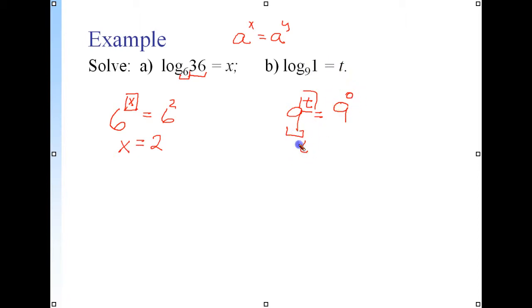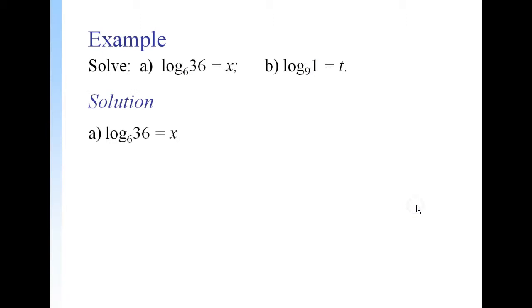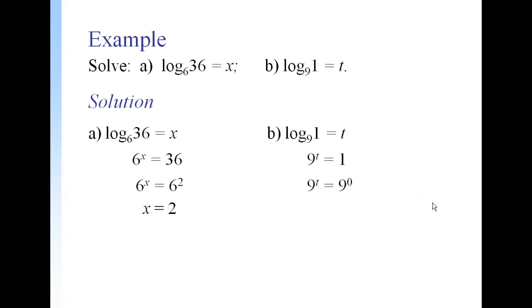So here, T will equal 0 because this is a 1 once it's simplified. But that's these. Now let's see what they've done here. They did the same thing I did. Okay, good.